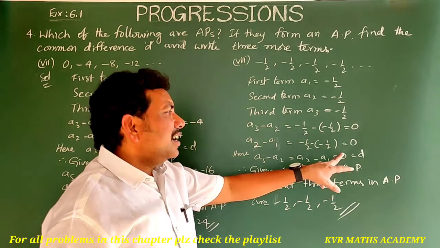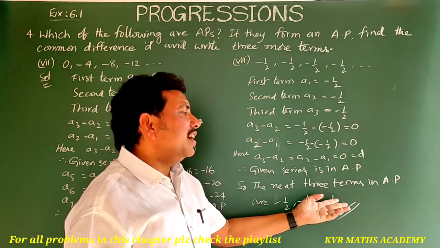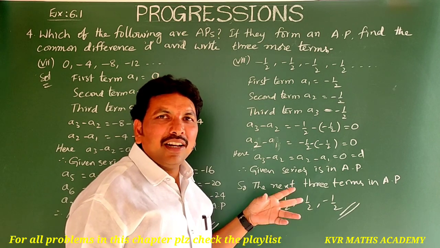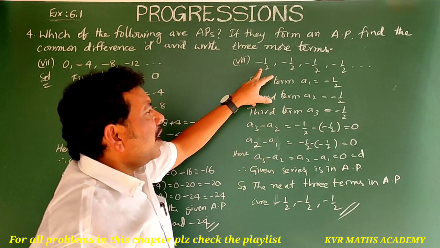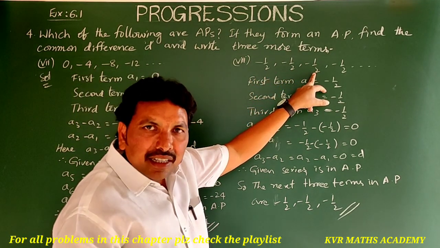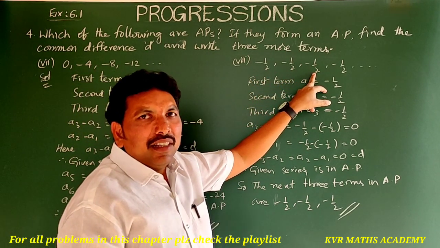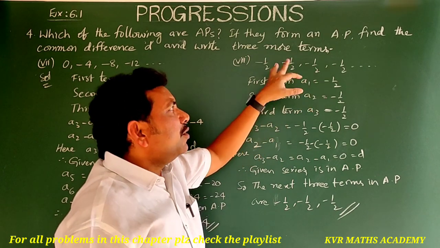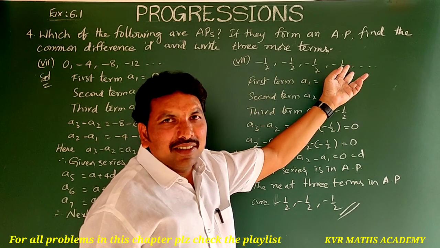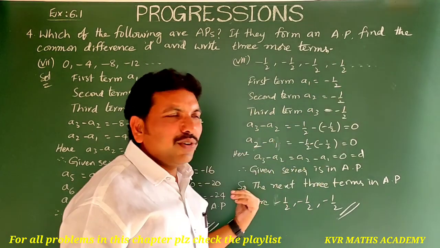Why? Because the common difference is the same. That's why no need to do a plus 4d, a plus 5d, a plus 6d like that. Understood? Actually, if all the terms in the series are the same, then it is exactly an AP. That's why no need to find other terms. The same terms will occur. Understood clearly? Yes, note it down.